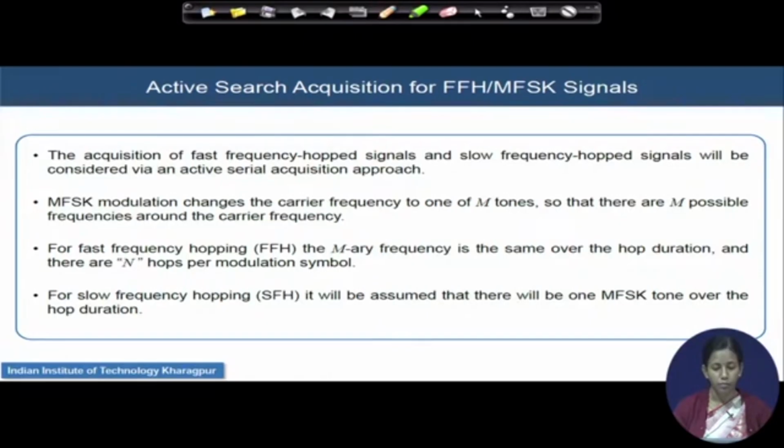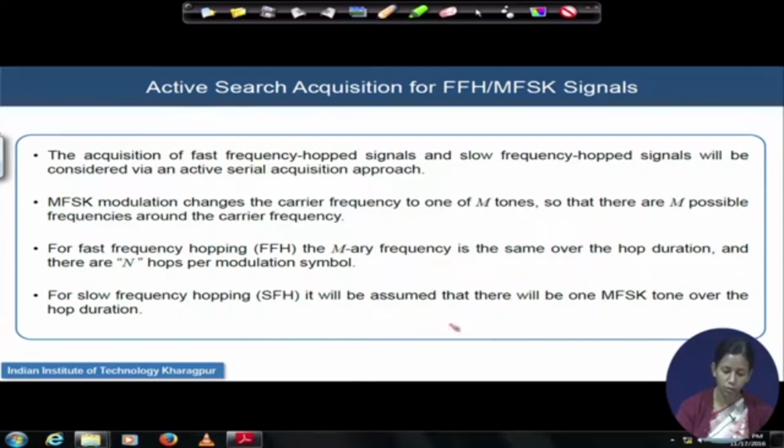And let us quickly first revisit the fundamentals of the FFH MFSK system. We understand what MFSK is. MFSK modulation changes the carrier frequency to one of the capital M tones. So, we have a bunch of capital M tones, and suppose my M is equal to 4. So, I will have F1 to F4 tones or frequencies to choose for my transmitted data.